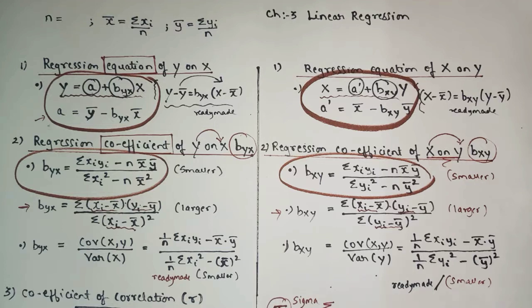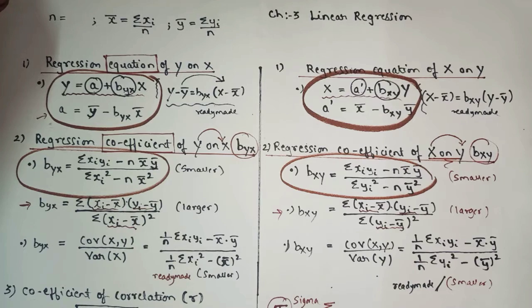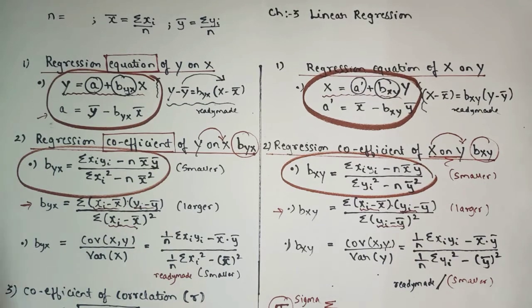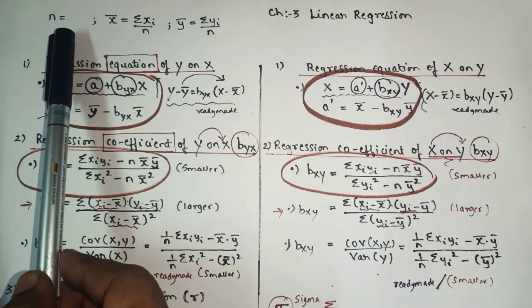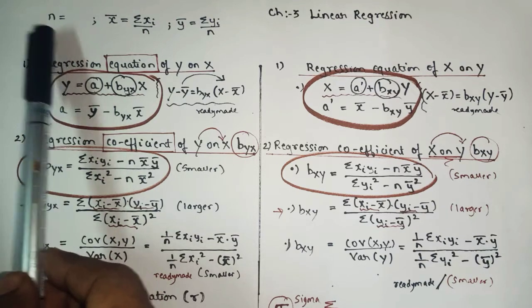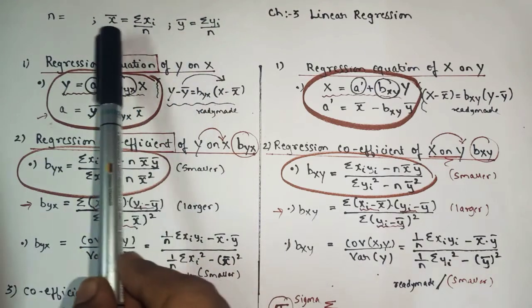So let's have a quick revision of the formulas which we did in the first lecture and in the previous lecture also. As we all know, n is the number of observations in x and y. This is x mean and this is y mean.